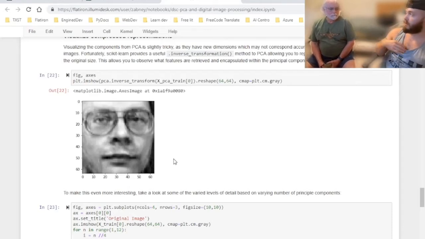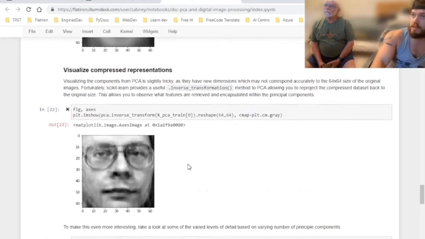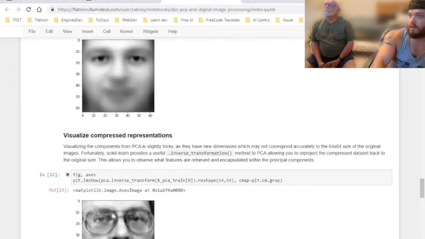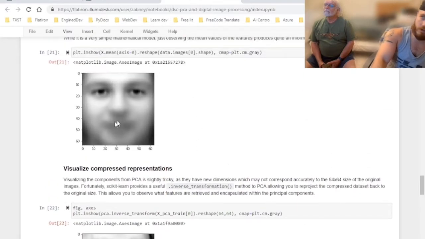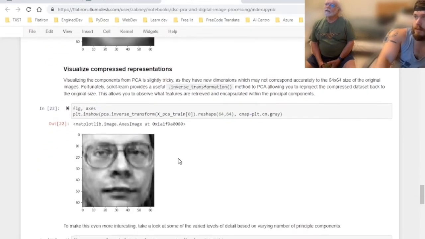You're going to lose some information, but PCA is able to retain a lot more of the information than just vanilla compression would. I see. Yeah. Okay. So there's probably better algorithms to use if you're trying to compress data for the sake of transferring data from one machine to the other.